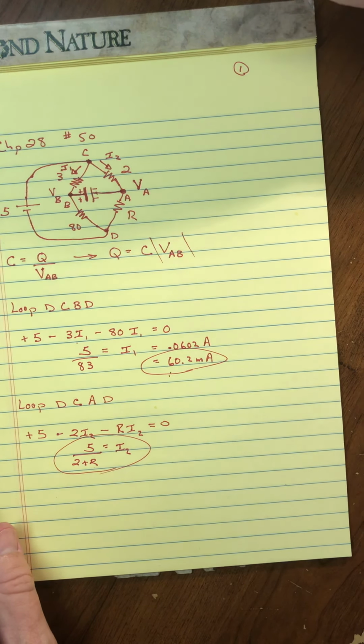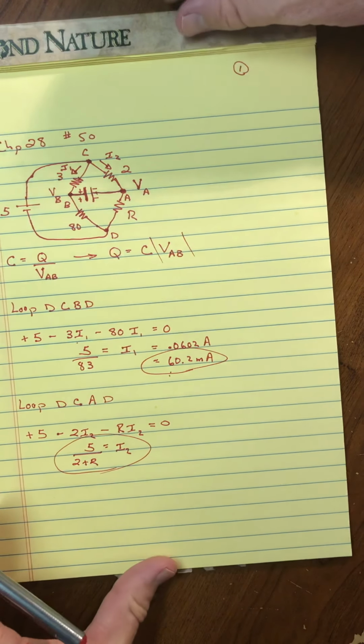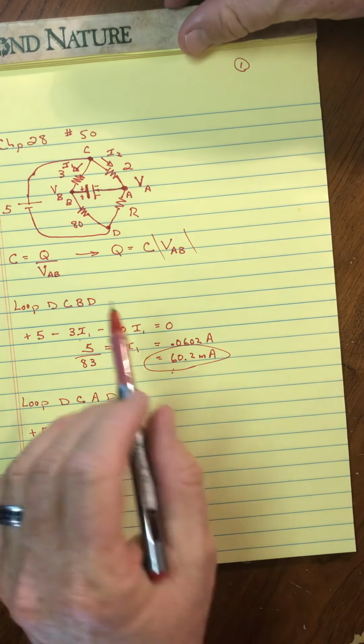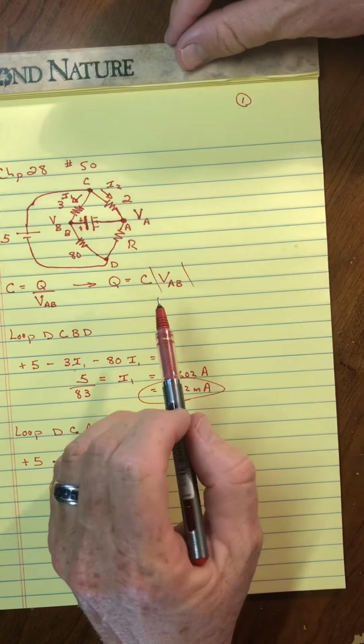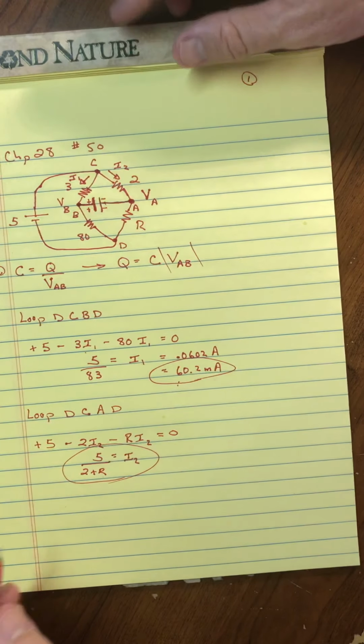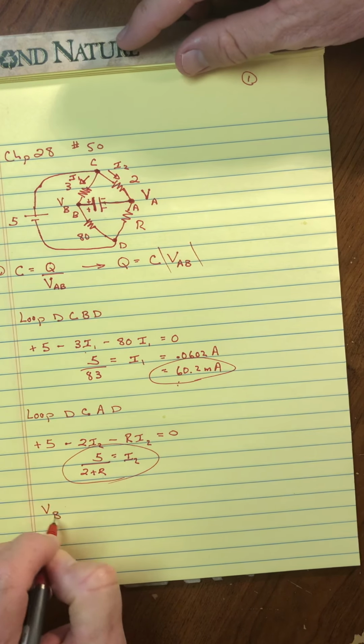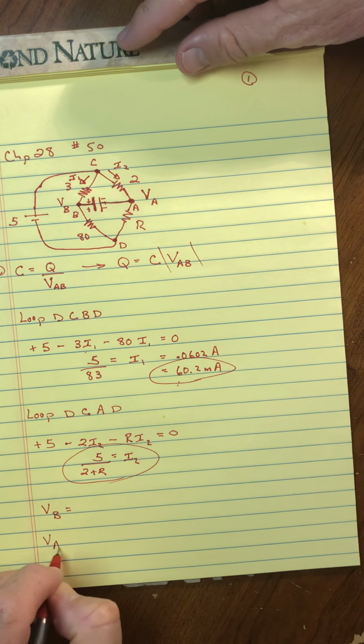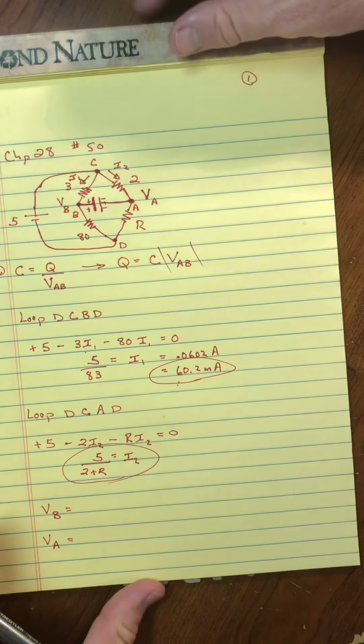Okay, so the reason I did all that is because I really want to find, coming back to the main part of this problem, the voltage difference. So I need to find the voltage at B and also the voltage at A and subtract the two.